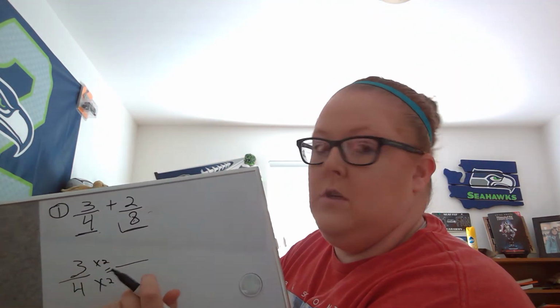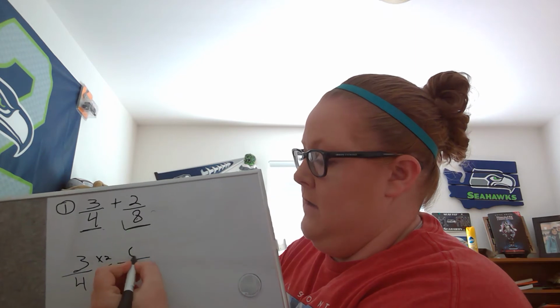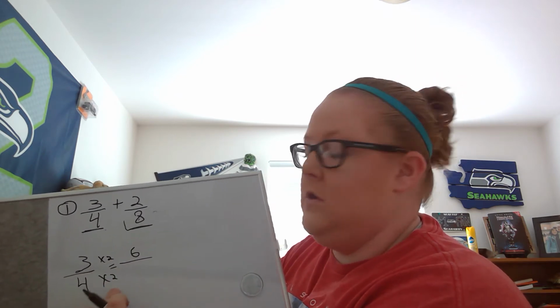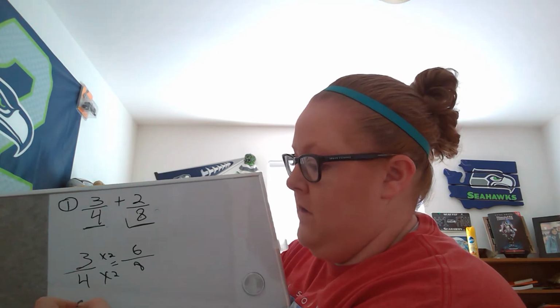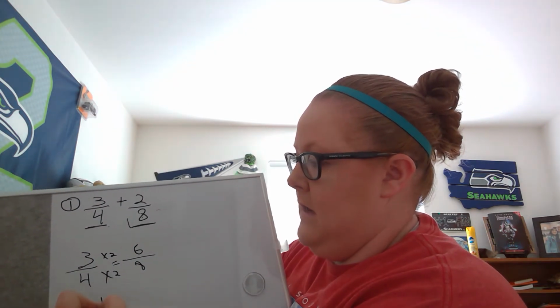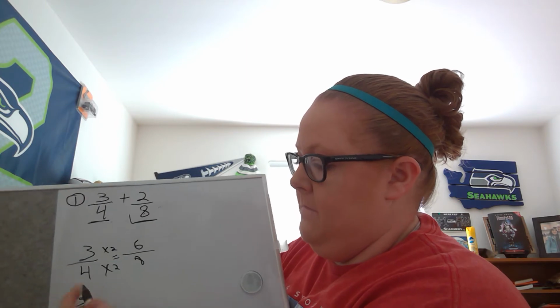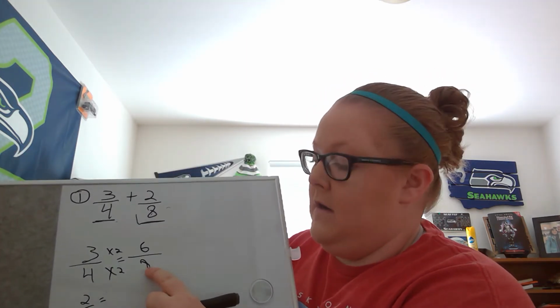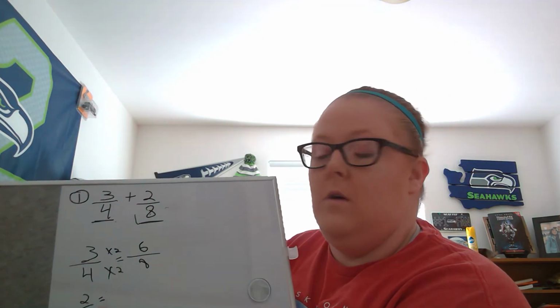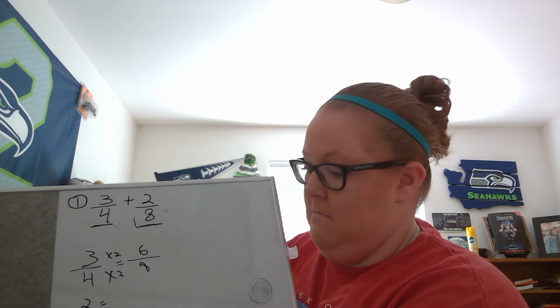So 3 times 2 is 6, and 4 times 2 is our 8. Then we have 2 over 8. Since our denominators are both 8, we are able to keep this the same.